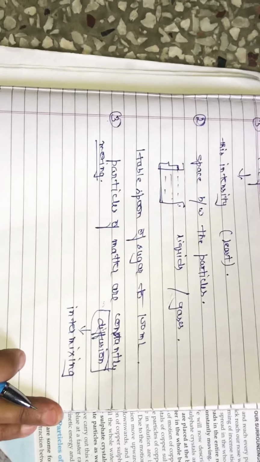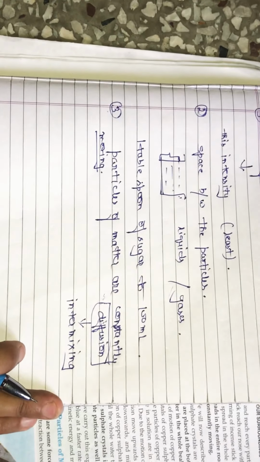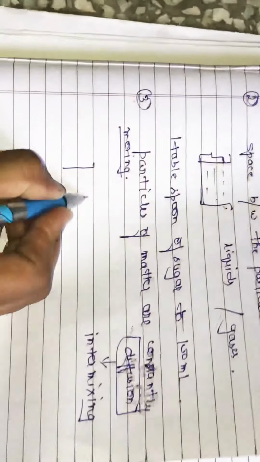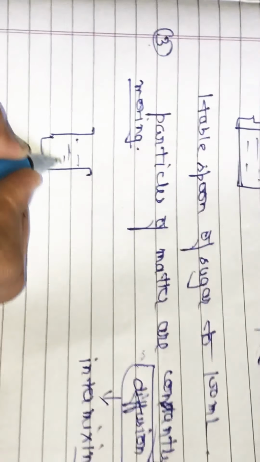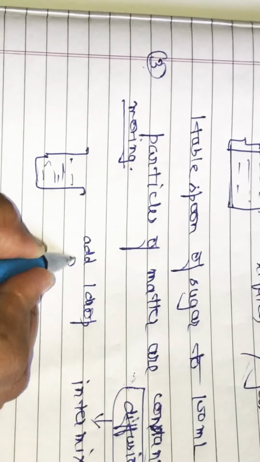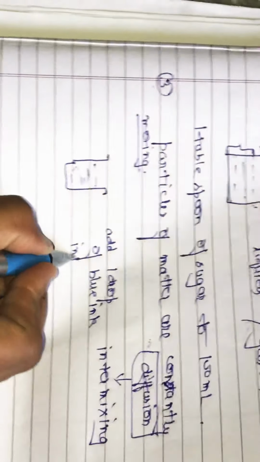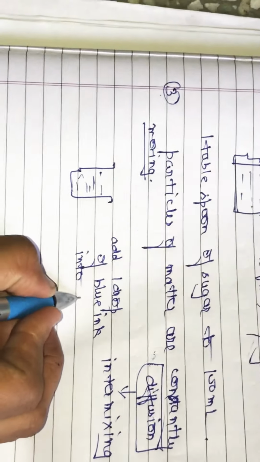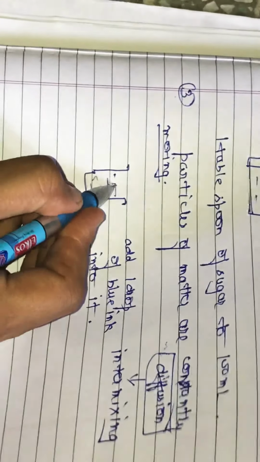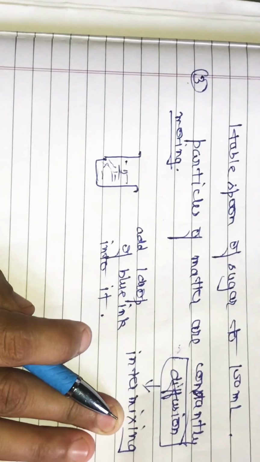So the reason is that particles of matter are continuously moving, and there is a very clear example to understand this. If you take one glass of water and add one drop of blue ink into it, and don't stir it, you will see that the drop will start spreading on its own in that tumbler of water, right?